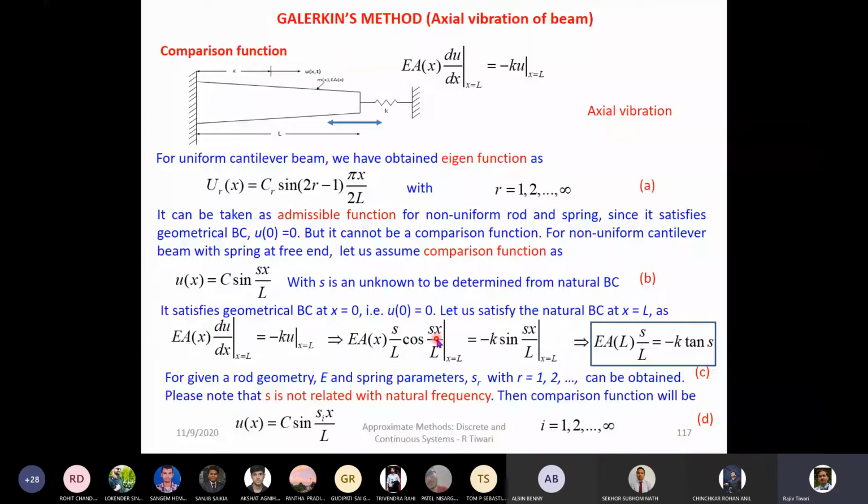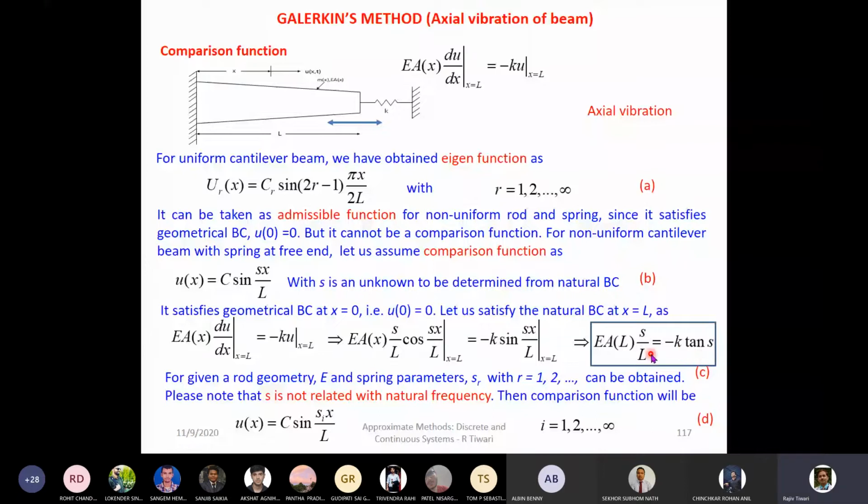If we simplify, we get a transcendental equation like this, in which, if we know the distribution of the varying beam geometry, length of the beam, and stiffness of the spring here, then we can solve for S. And once we solve for S, because this is a transcendental equation, we'll get infinite solutions of S.